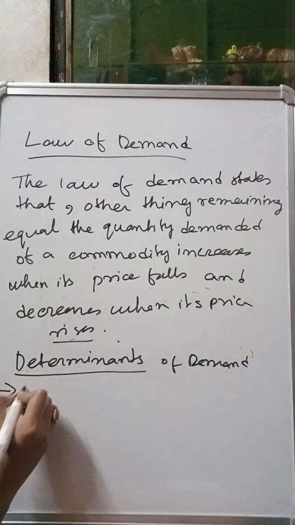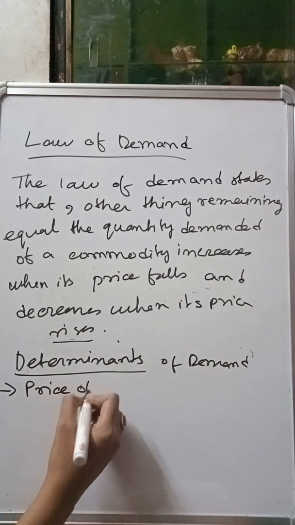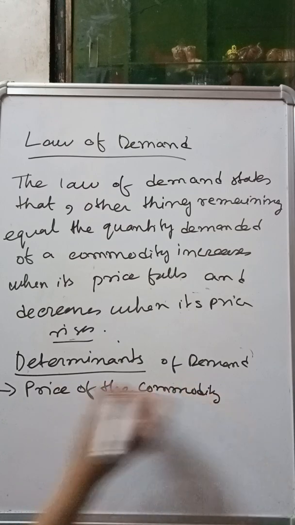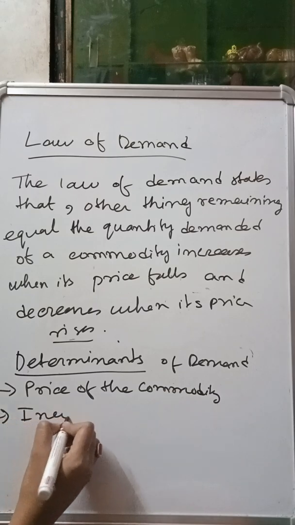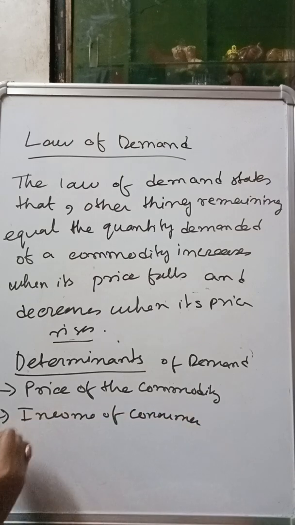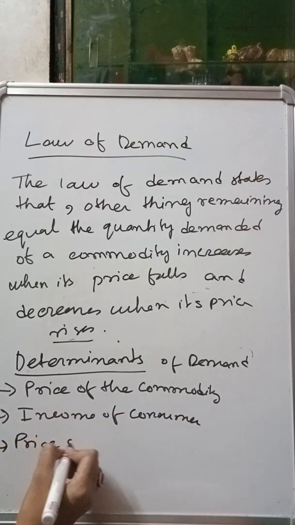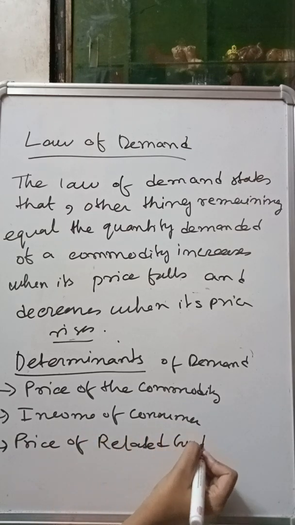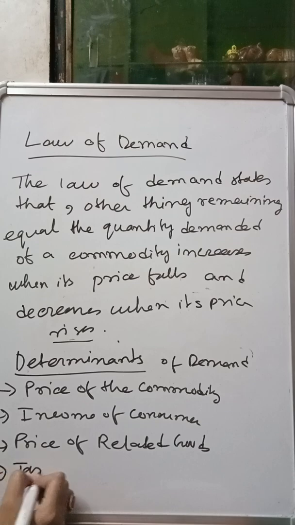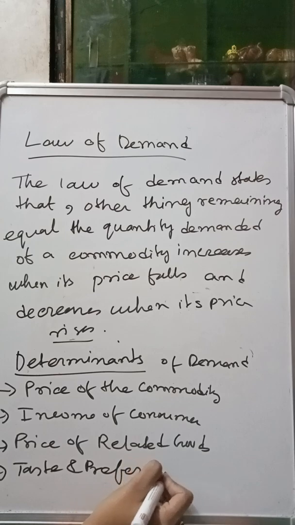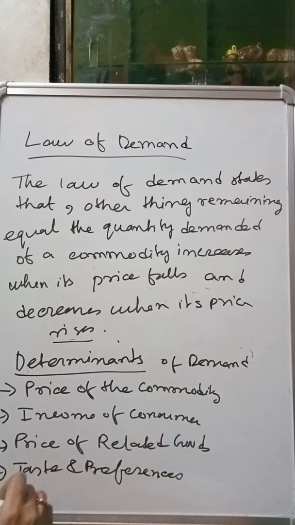I'm just writing: it can be the price of the commodity, then the income of the consumer, then the price of related goods, then taste and preferences, then climatic factors.